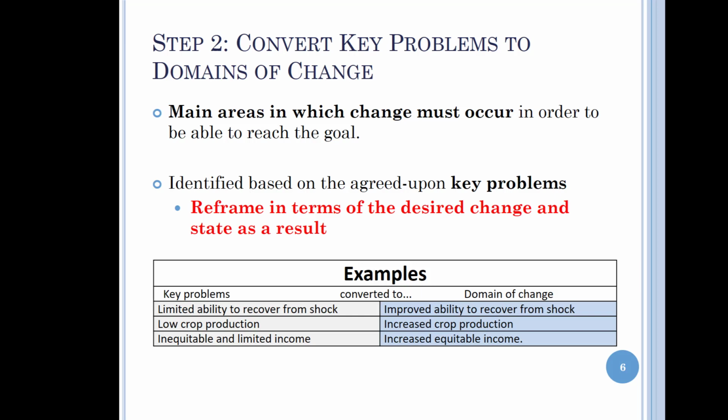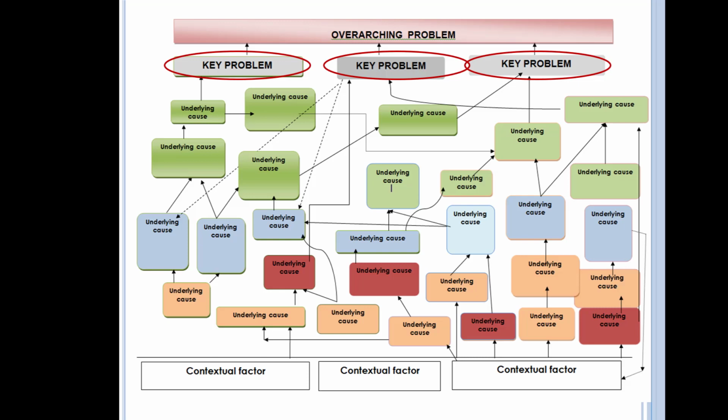So we need strong verbs that express in the best way what is expected to be seen from this domain of change. We should use verbs such as increased, improved or reduced, all verbs that express measurability. So these are the key problems that you have to transform into domains of change.